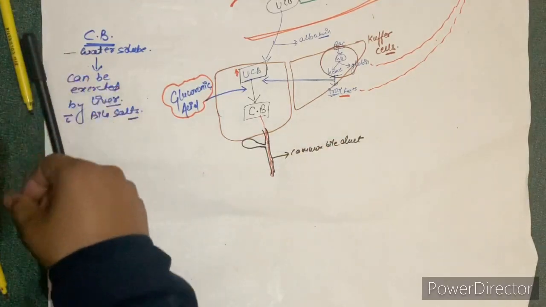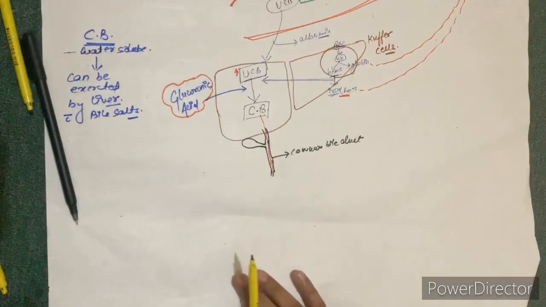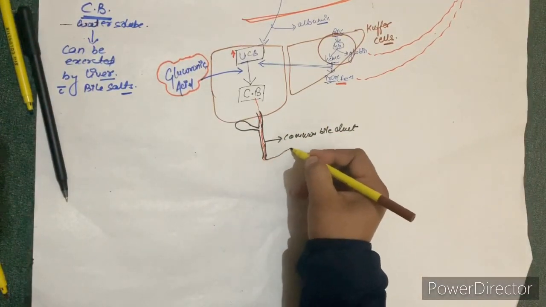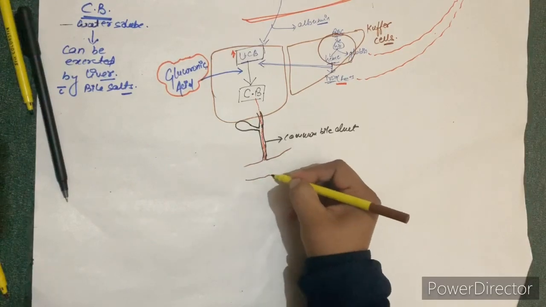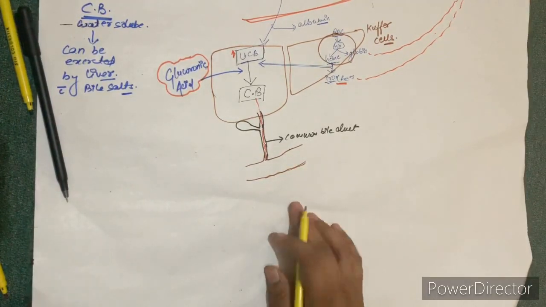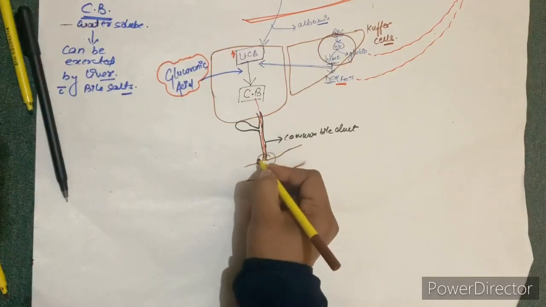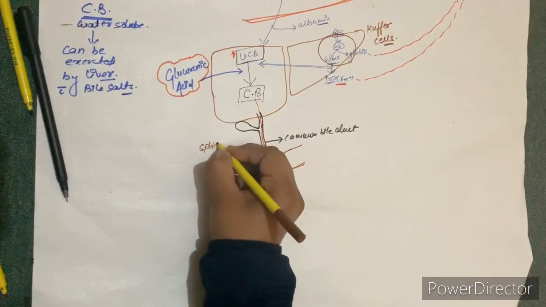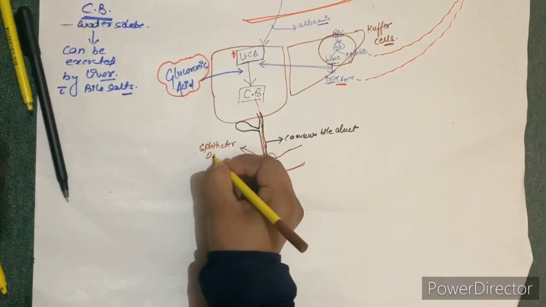As you all know, this common bile duct opens in the duodenum, which is a part of the small intestine, at a point known as the sphincter of Oddi.